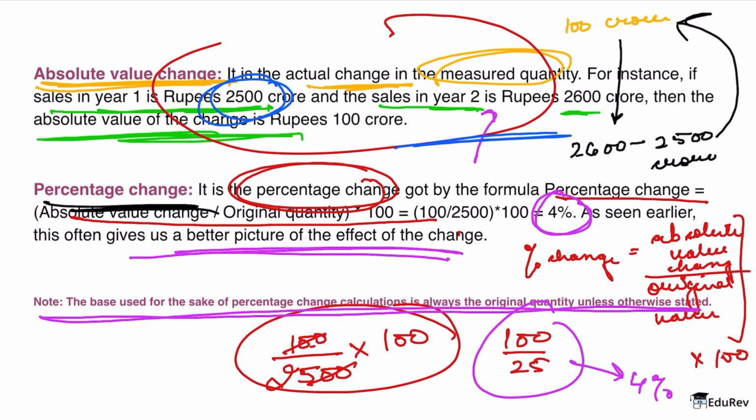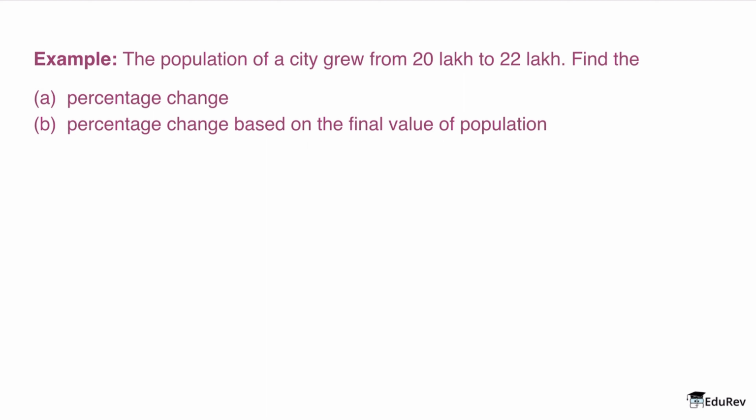Alright, so let's do a very small and easy question related to this topic, and then let's end our session. The question says, the population of a city grew from 20 lakhs to 22 lakhs. This is my first data and this is my second data. The initial population was 20 lakhs and the growth in population is 2 lakhs.